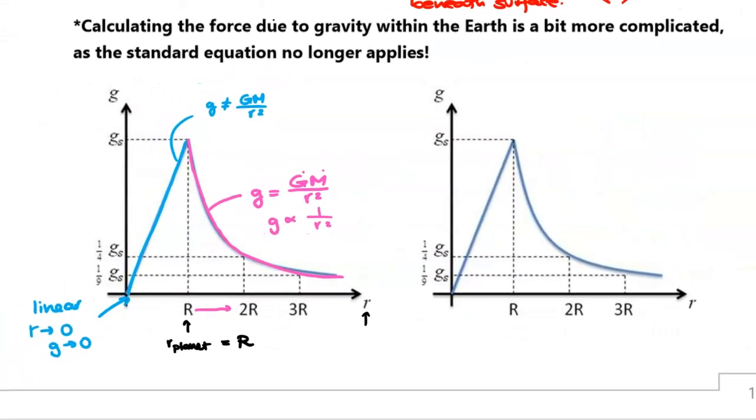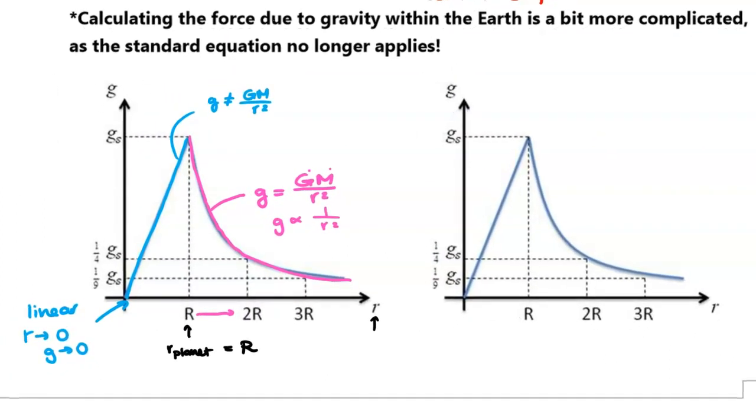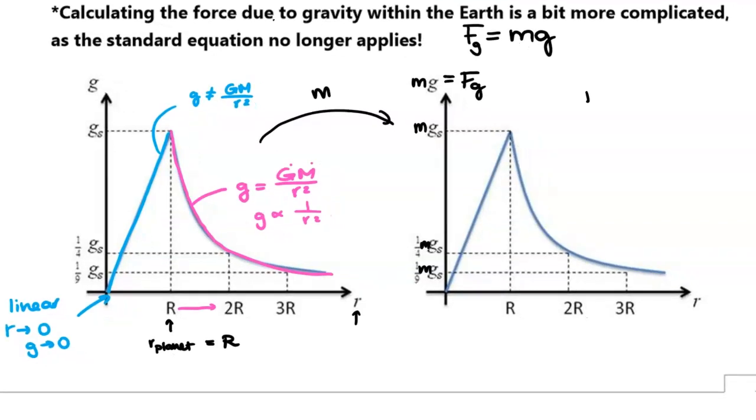Now, you'll notice the graph right next to it looks the same. But if I multiplied all of those g values by m, remember that Fg equaled m times g. So if I just multiply everything on this side here by m, that means we've actually just given ourselves an Fg distance graph. All that we've done is multiply by m.